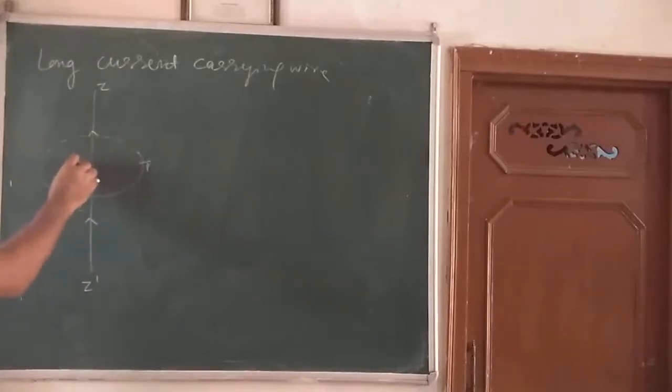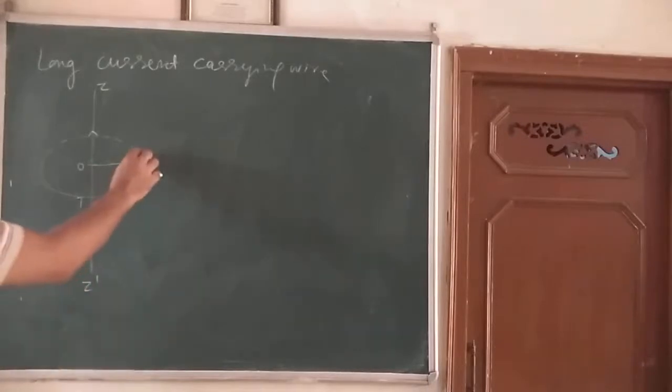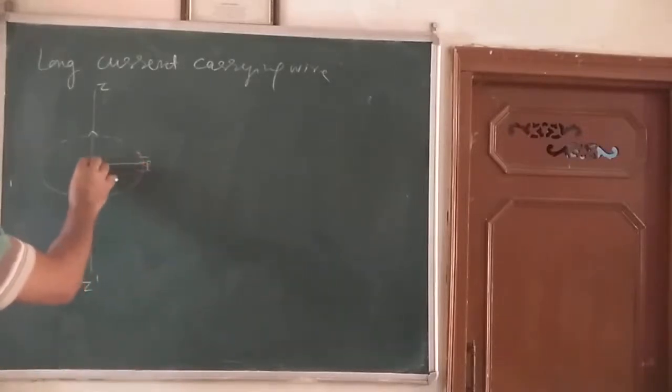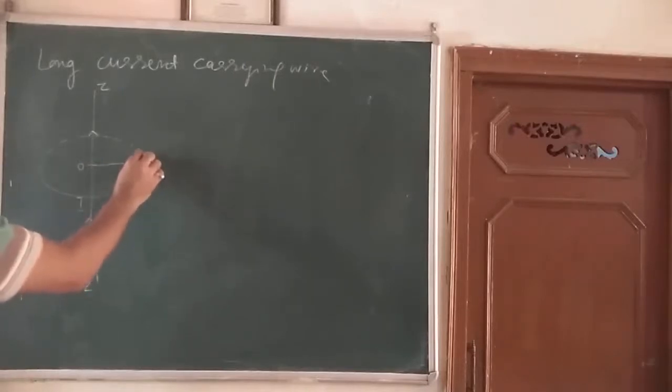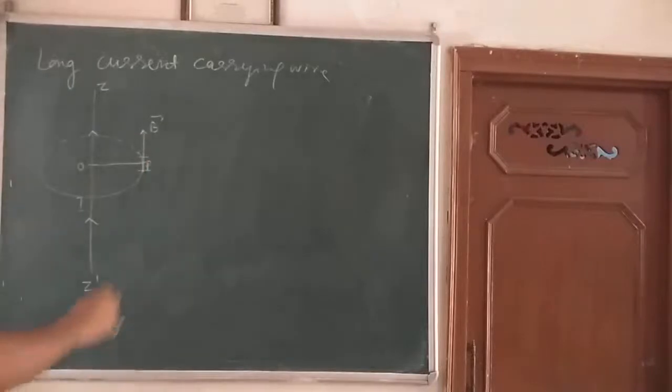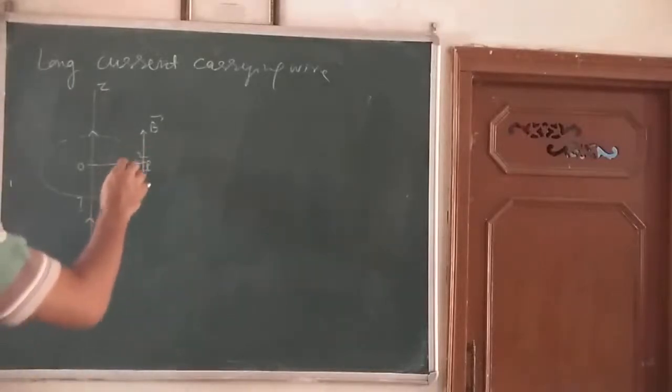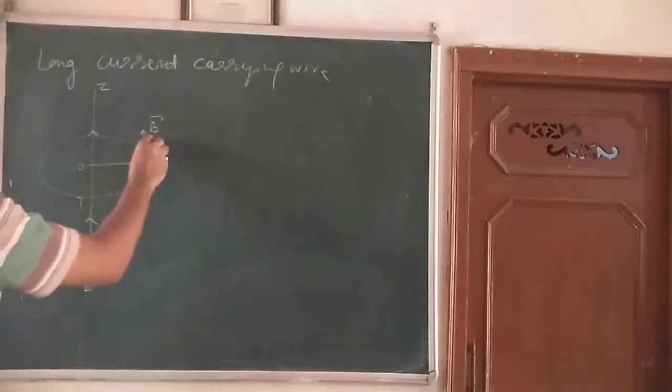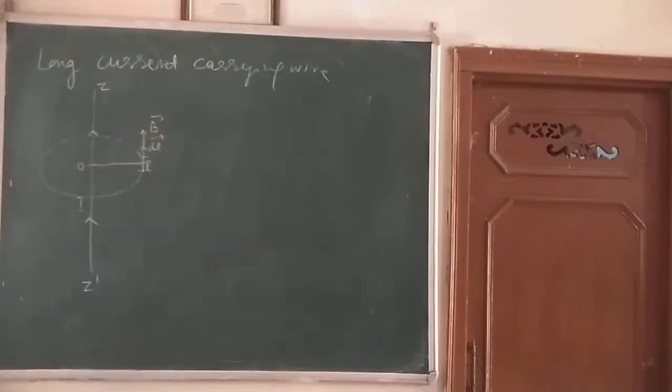Here is a point O. If we take a small element of length dl, the direction of magnetic field and the direction of dl are in the same direction.